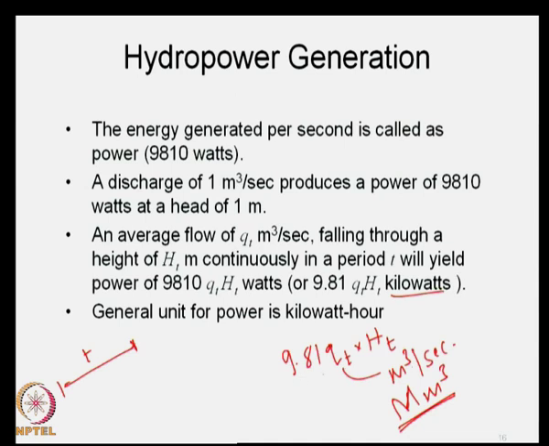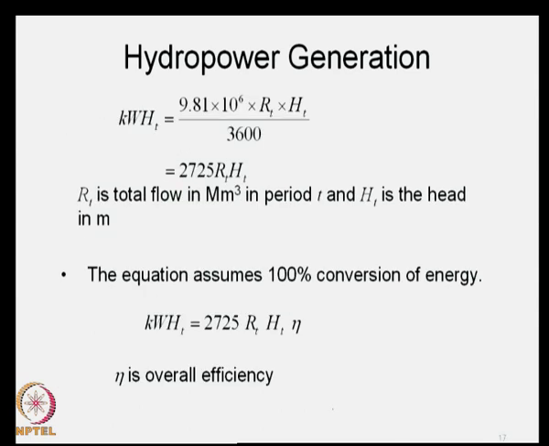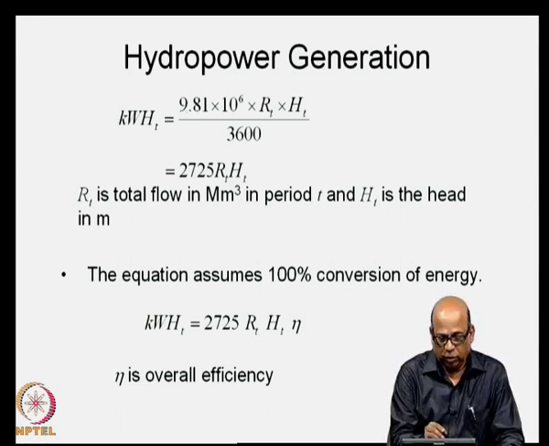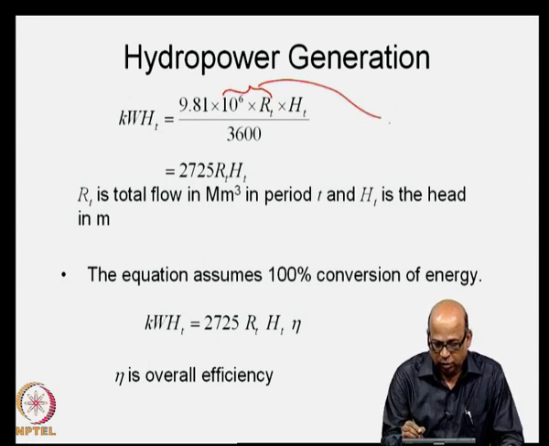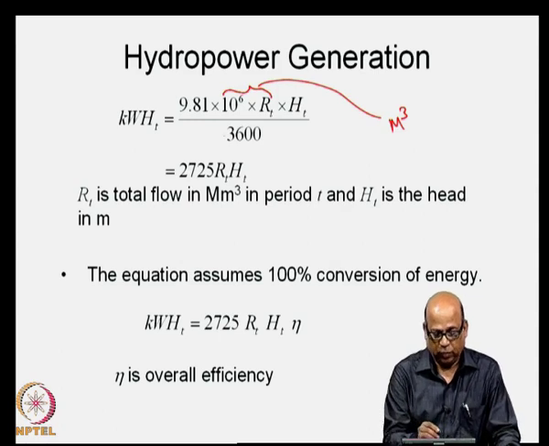Using this expression 9.81 QT into HT kilowatts, we will convert this into megawatts. Let us say this was 9.81 into 10 to the power 6 into RT, which means this is in meter cube, and divide by number of seconds.